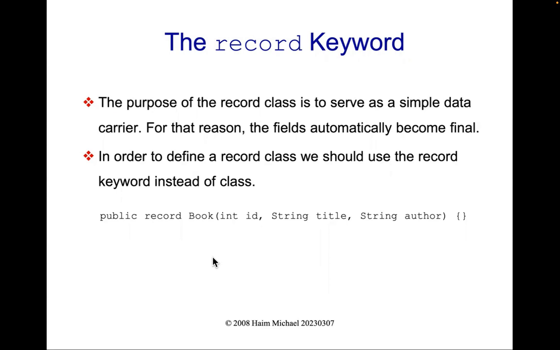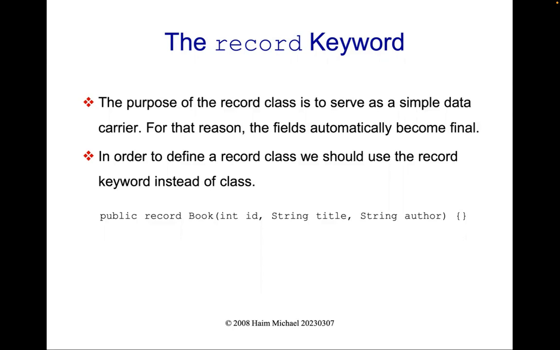The purpose of record classes in Java is to simplify the use of objects for representing data. Whenever we need objects just for representing data, think about data coming from a database, data coming from a microservice, or data your microservice works on.